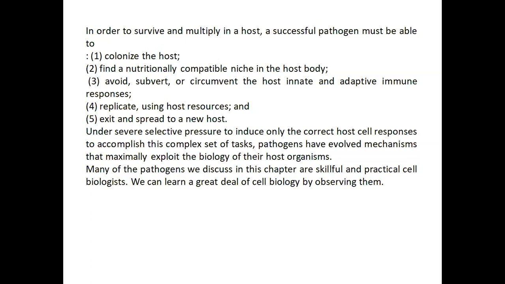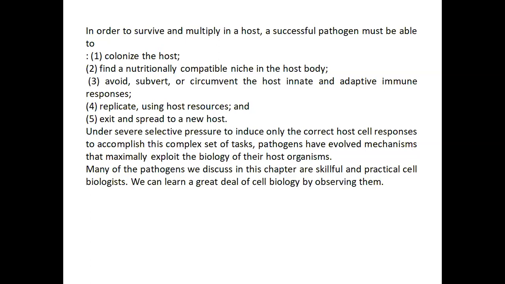Pathogen also has a characteristic to exit from the host plant as and when it completes its colonization, and also has the capability to disperse from the source of multiplication and be able to get a new host.